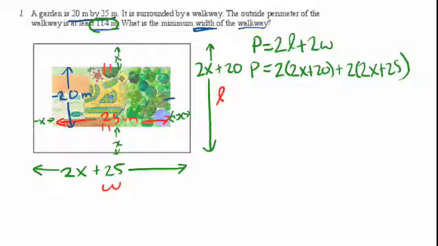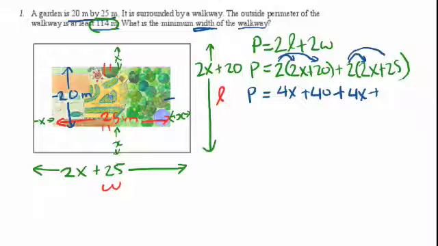All right, let's use some blue for the next one. Well, you multiply 2 times 2x is 4x, 2 times 20 is 40, 2 times x again is 4x, and 2 times 25 is 50. Good. You group your like terms. We got x's the same. We got 8x here, and 40 and 50 gives you 90.